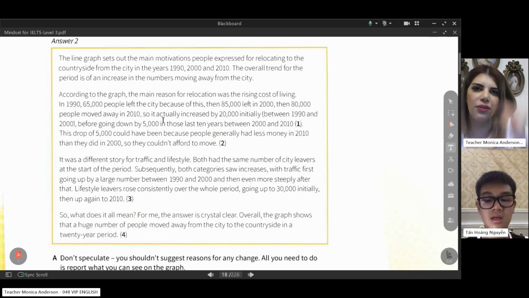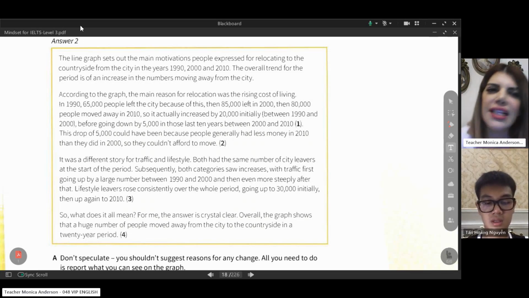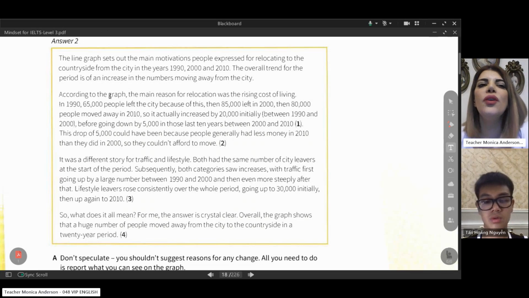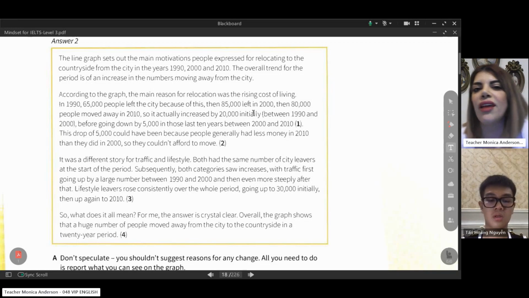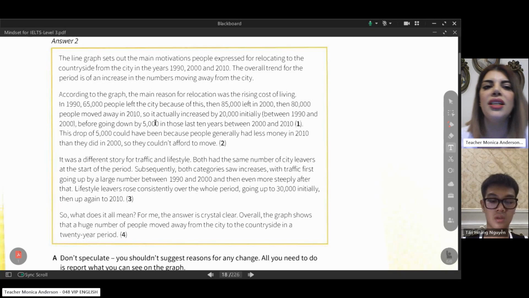Okay, sorry, I interrupted you just before. I want to do this part one by one. So first, let's match. According to the graph, the main reason for relocation was the rising cost of living. In 1990, 65,000 people left the city because of this. Then 85,000 left in 2000. Then 80,000 people moved away in 2010.